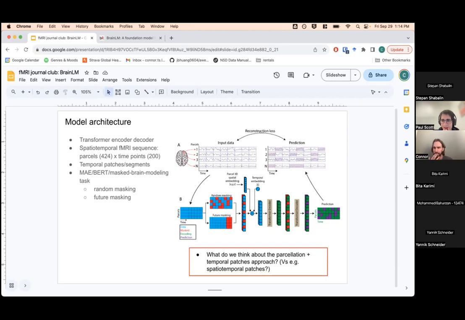Yeah, averaging for every parcel seems like you'd lose a ton of information. I'm surprised that they averaged and didn't learn a transform or something. That's totally true. It's basically like you're constraining your linear embedding weights in such a way that you're just deciding to ignore a lot of information.